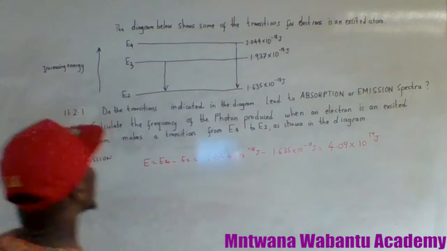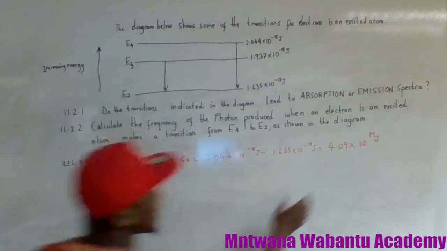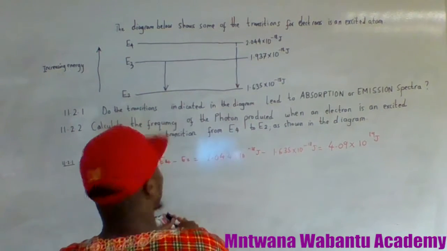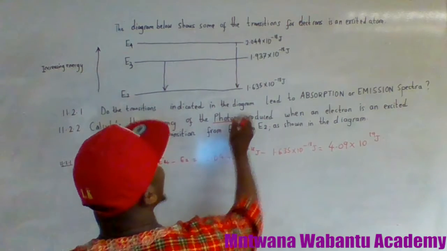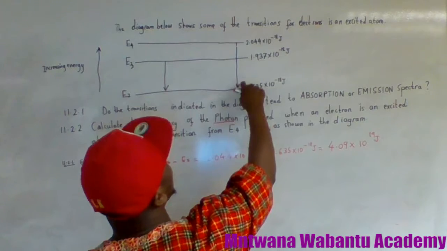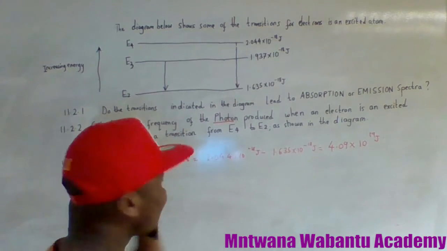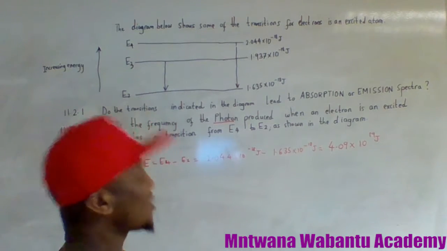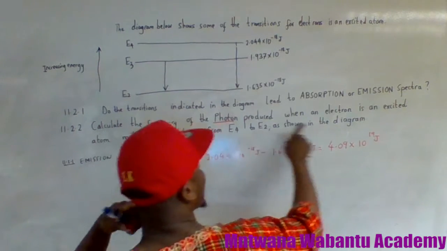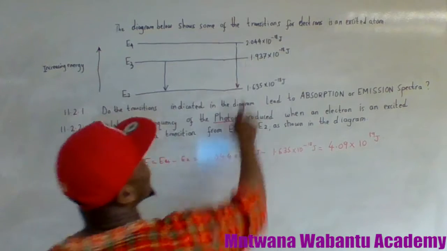Now they don't want the energy released; they want the frequency of the photon produced. The energy released, sometimes we call it a photon, or sometimes a photoelectron. When the electron moves from this energy level to another, photons have to be released, like light being emitted.